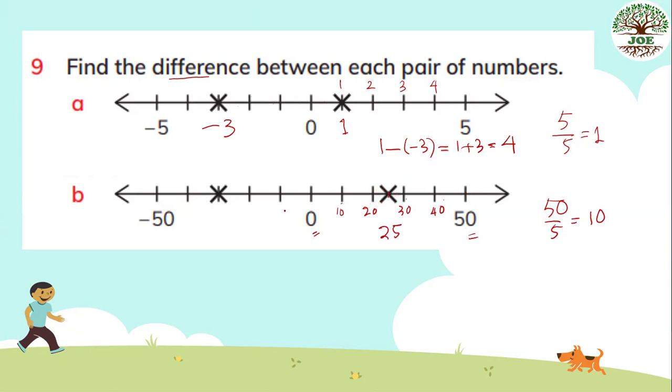And here, 0, 1, 2, 3, 4, 5. Here, negative 10, negative 20, negative 30 and negative 40. So this mark is negative 30. The difference between 25 and negative 30: 25, negative and negative are positive, 30.